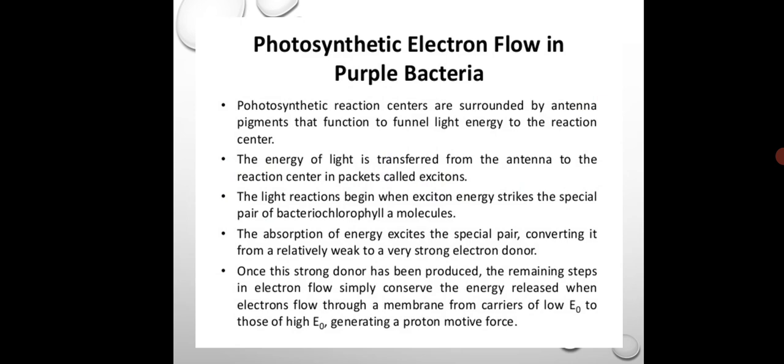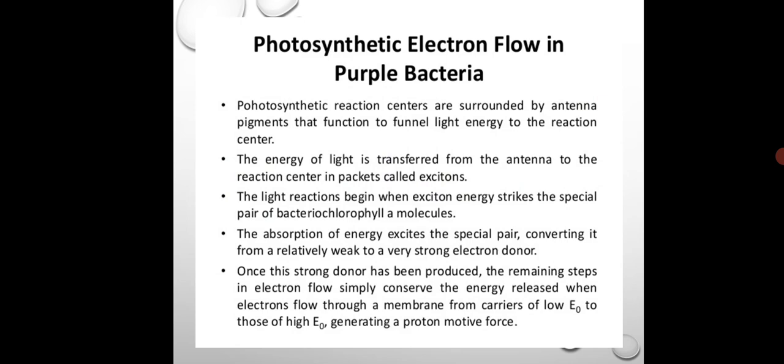But the mechanism of flow of electrons is the same, just the donor is changed. As the donor is changed, definitely the acceptor will also change. The mechanism of flow of electrons is the same in both PSB and PNSB.